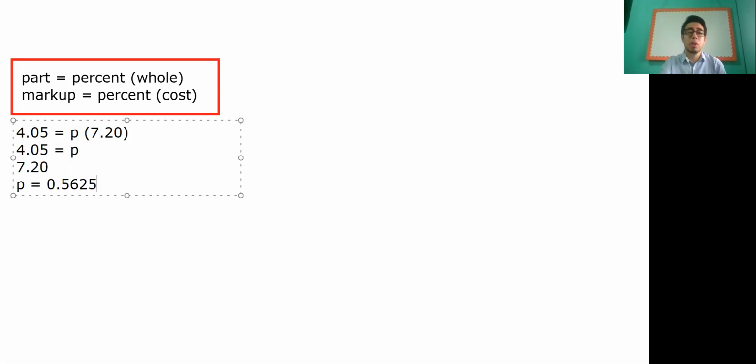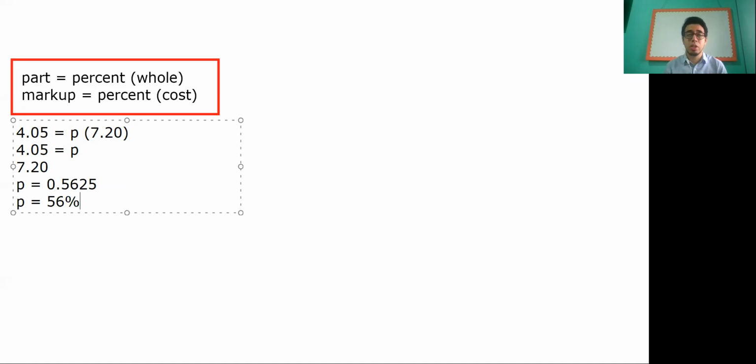But remember what we already said, that the variable is not going to be represented by decimals, because what you want to find is the percent. So we are going to multiply by 100 to obtain the real percent. This is about 56%. And you have advice: remember to express the decimal value as a percent.